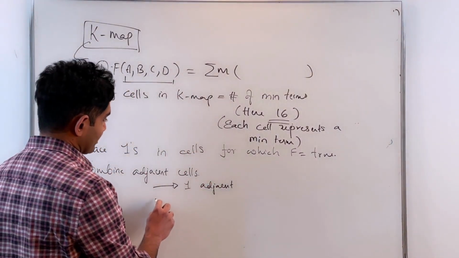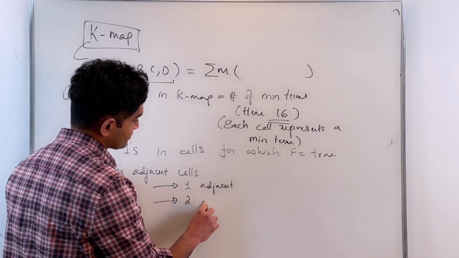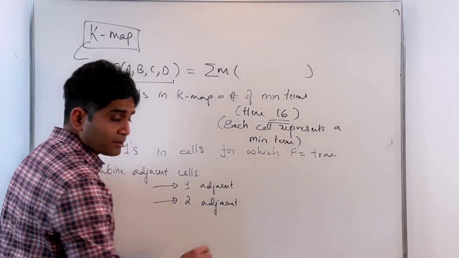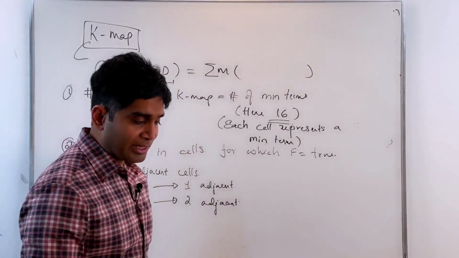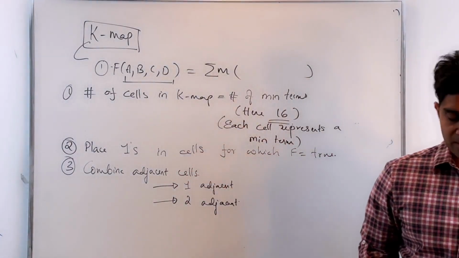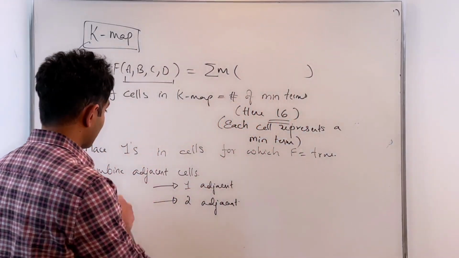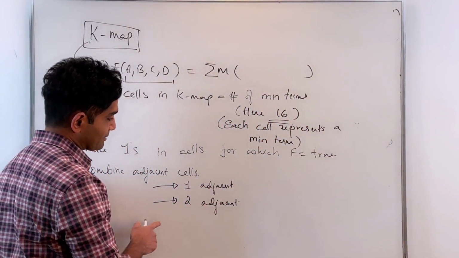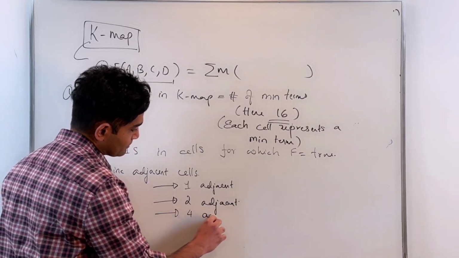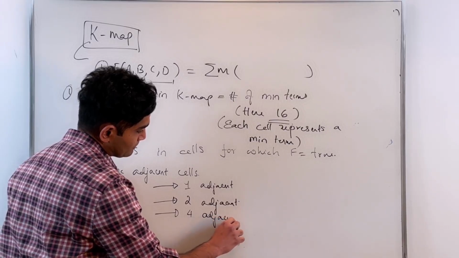Okay, and then I can combine two adjacent cells. Now, if you remember, the larger the combination, the more variables I'll be eliminating from my expression. So combine one cell, two adjacent cells, or 4 adjacent cells, and so on.